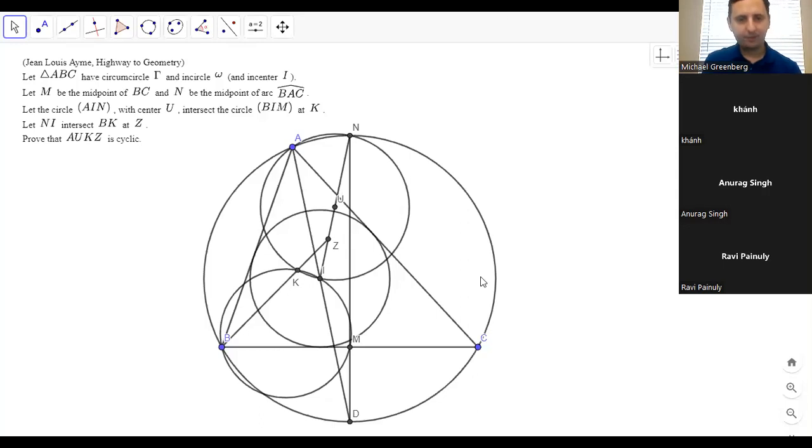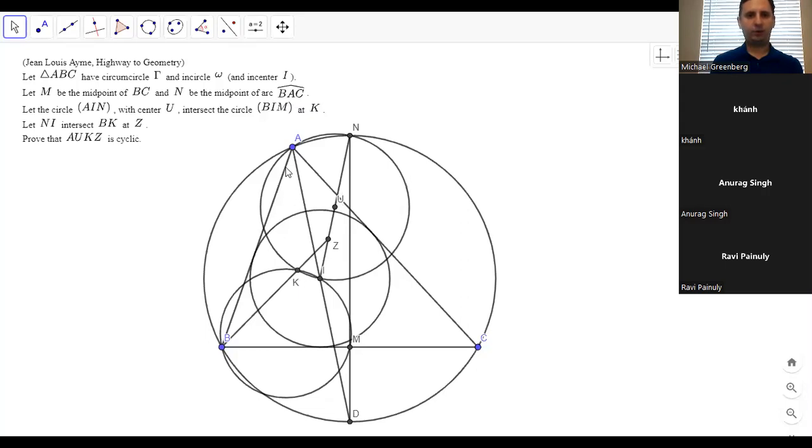Okay. So AUKZ. So, I mean, we know angle KUZ is angle KUI, which is half of, or twice angle KAI. So, is that right?